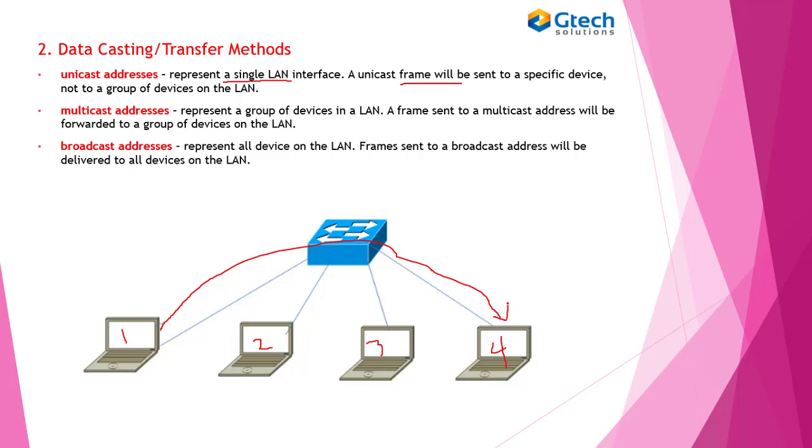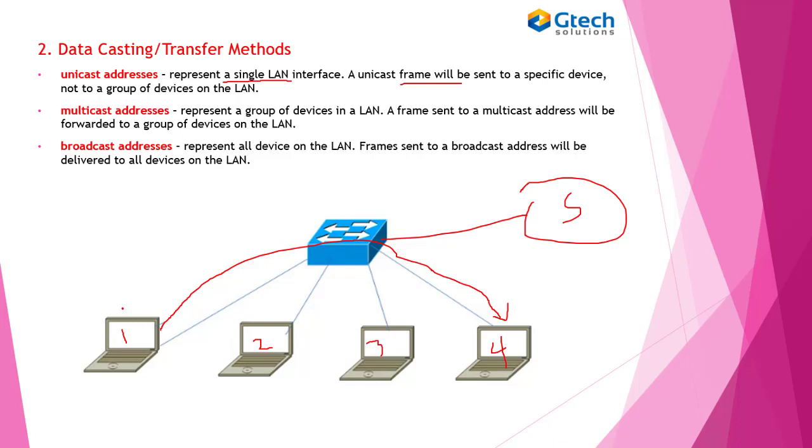A multicast address represents a group of devices in a LAN. A frame is sent to a group of devices. Suppose device 1 wants to communicate to devices 3 and 4. That's a group, not all, but a group of devices. Let's say there was another device connected here, device 5. So device 1 wants to communicate to group 3, 4, and 5.